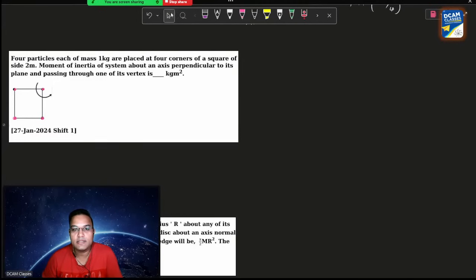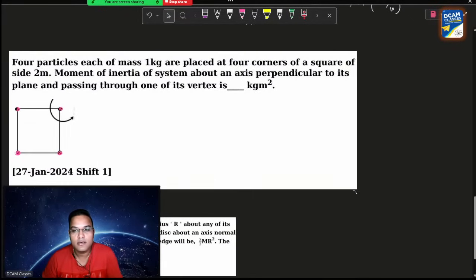Let me just make it big. Four corners, each mass is 1 kg. This is 1 kg, this is 1 kg, this is 1 kg, and this is again 1 kg.